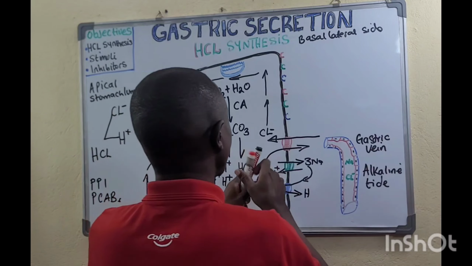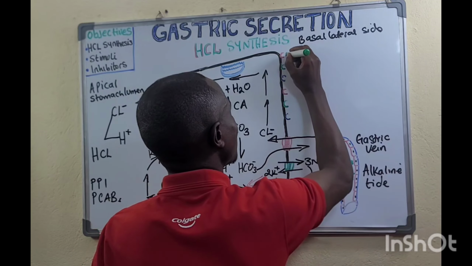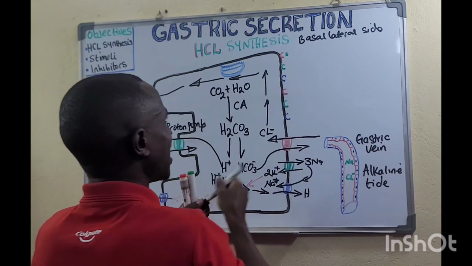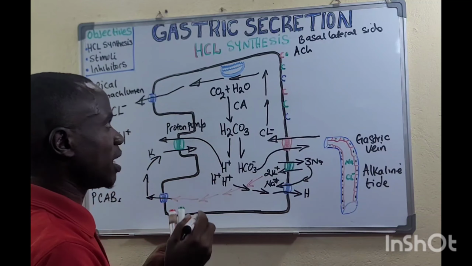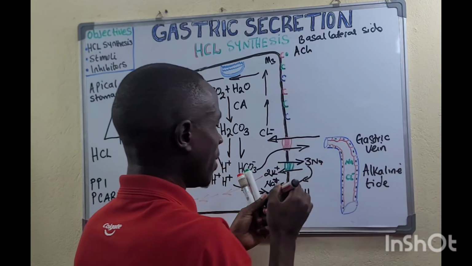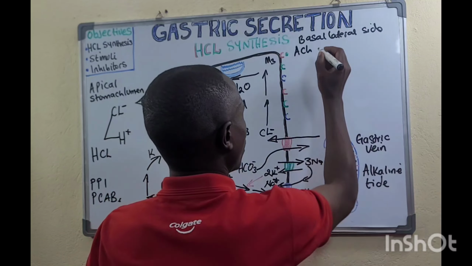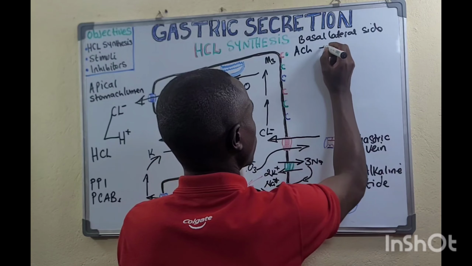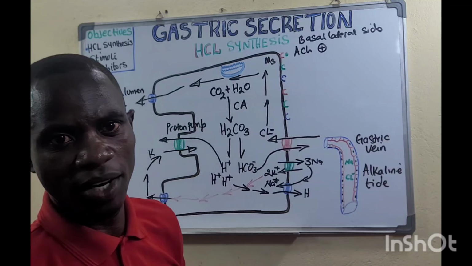This acetylcholine is going to be binding on the receptors which we call the M3 receptors, muscarinic type 3 receptors, and it is going to be causing a stimulatory effect on the parietal cell, leading to production of hydrochloric acid.